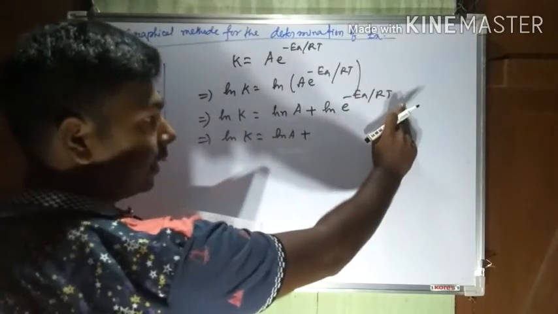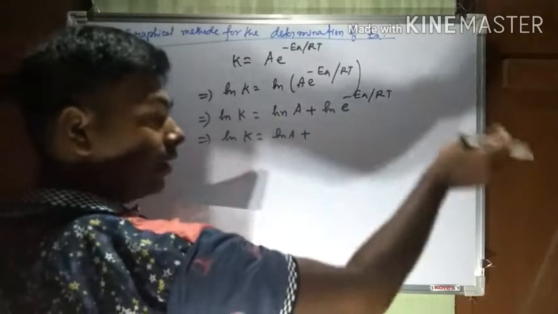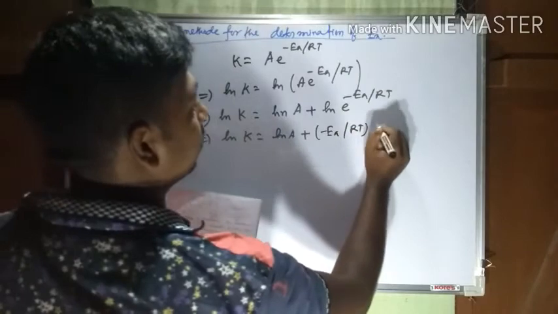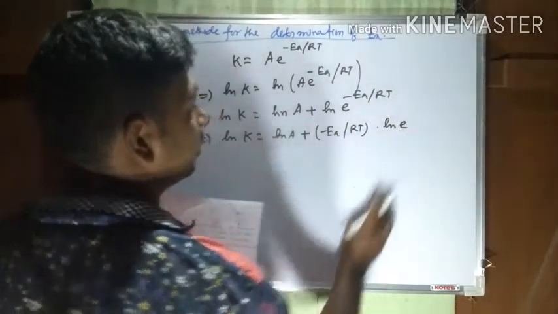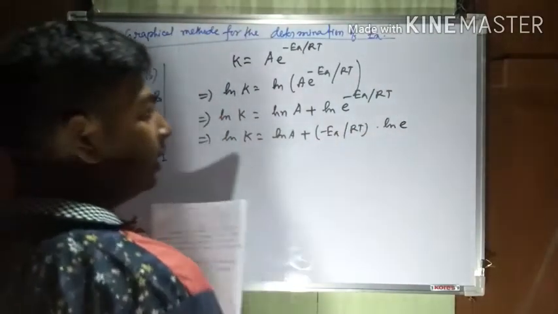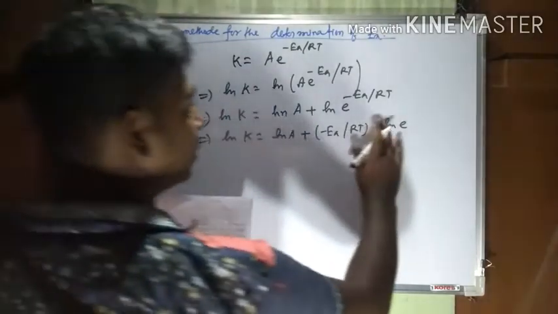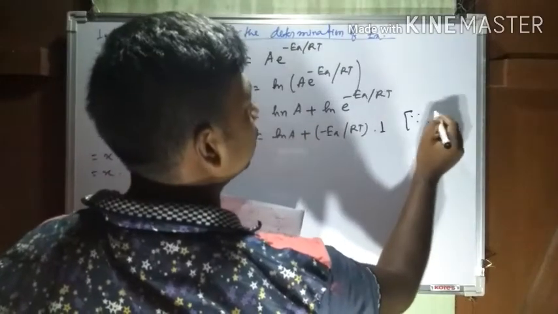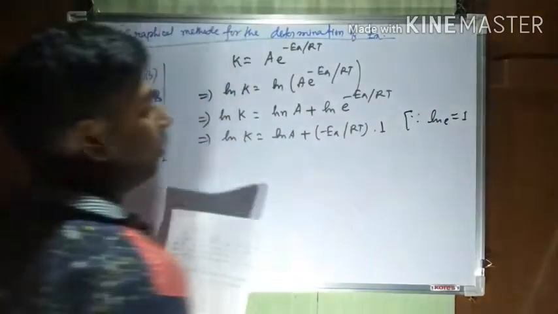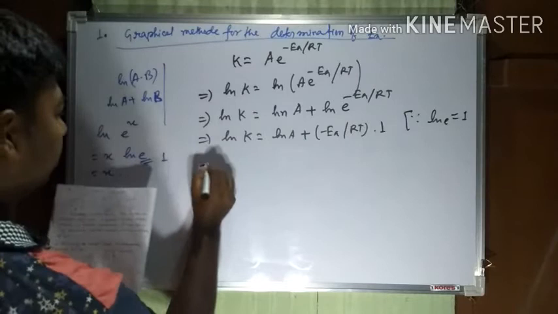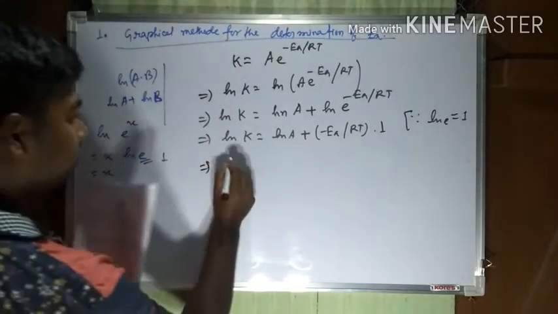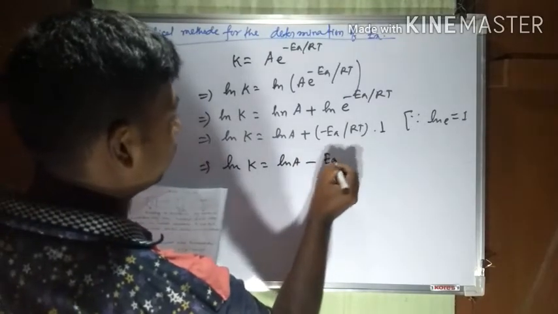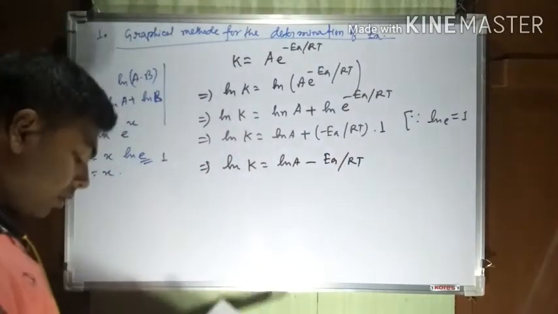Suppose this is taken as x, then x ln e, minus x into ln e. As you know, ln e equal to 1. Since ln e equal to 1, this equation becomes ln K equal to ln A minus EA by RT.